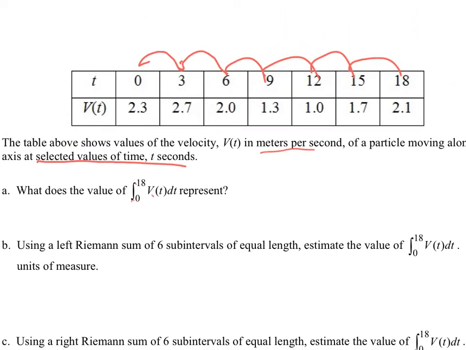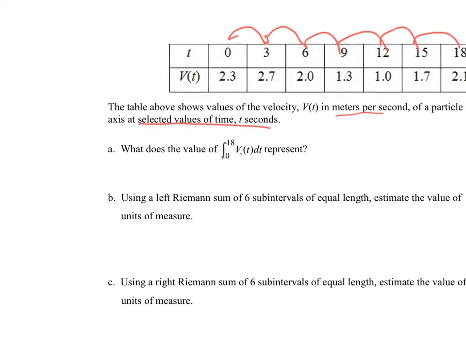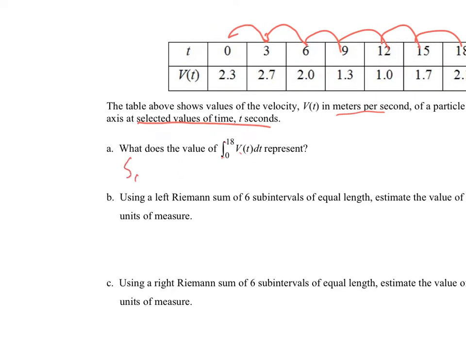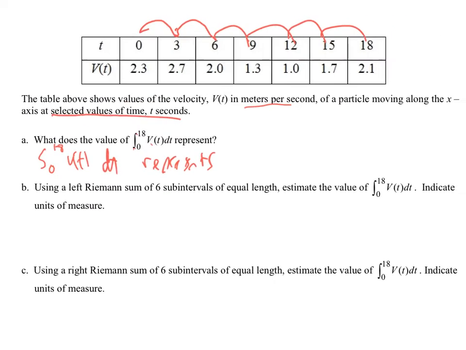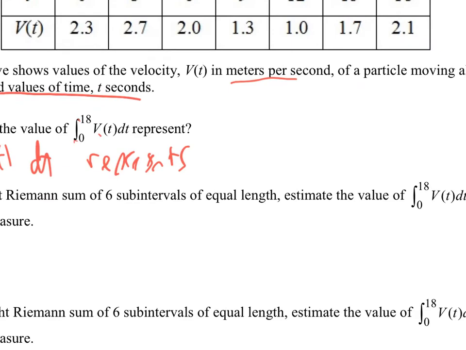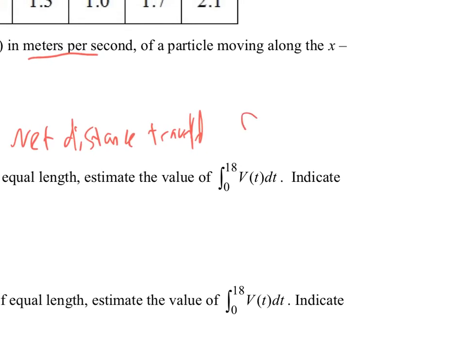Well, that's the whole thing. So I'm going to write it in a complete sentence. The integral from 0 to 18 of v of t dt represents the net distance traveled from t is 0 to t is 18.